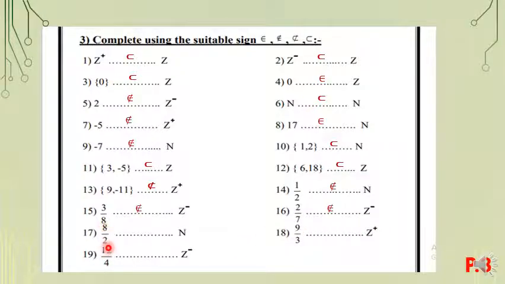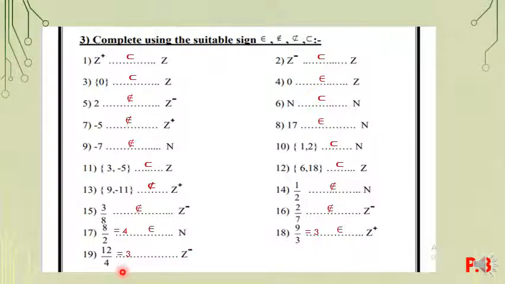8 over 2, which means 8 divided by 2. Actually, 8 divided by 2 equals 4. So here we have a whole number, and we can find 4 inside N, so it belongs. 9 over 3 equals 3, and we have 3 in Z positive, so my answer will be belongs. 12 over 4 equals 3, but here we have Z negative.